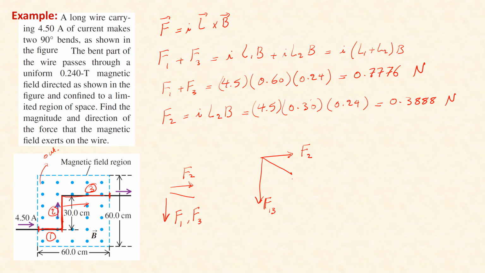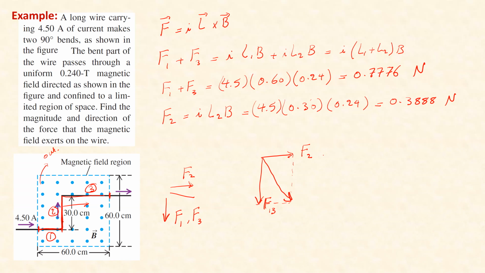F net will be the vector sum of these two, right? What is the magnitude? Because they are perpendicular, it becomes this squared plus the other one squared, 0.3888 squared, in square root.